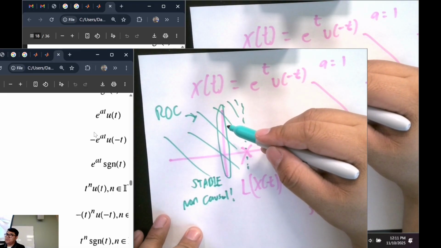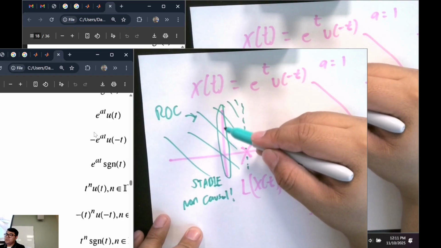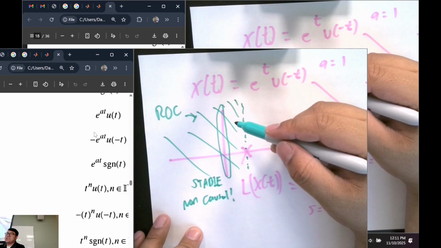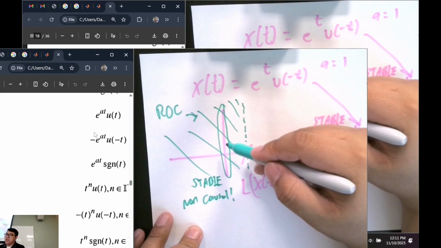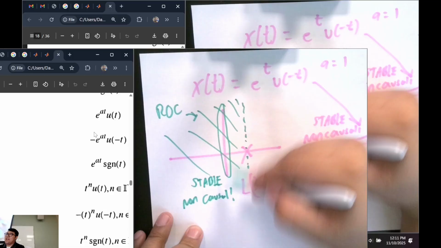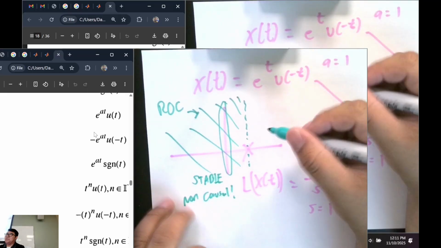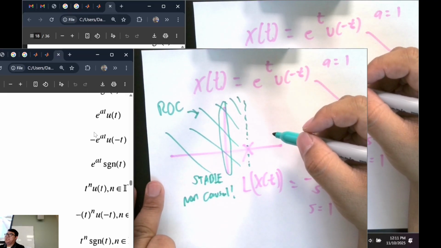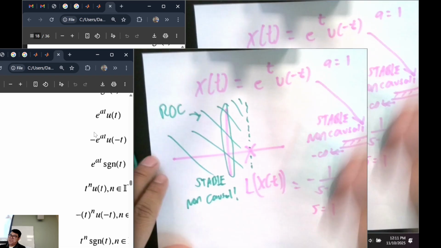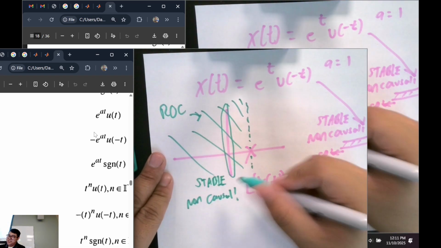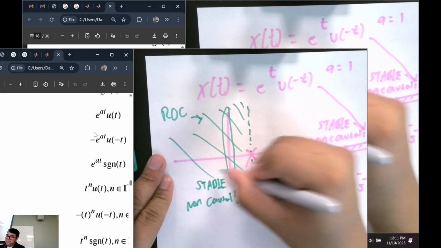If the ROC is stable, it needs to include, not the origin, but this entire center axis, the imaginary axis, because this is how you are able to do your Fourier transforms. Or do you want me to show you even a practical thing? So if I were to do the following and draw our eyeball going, I don't know.